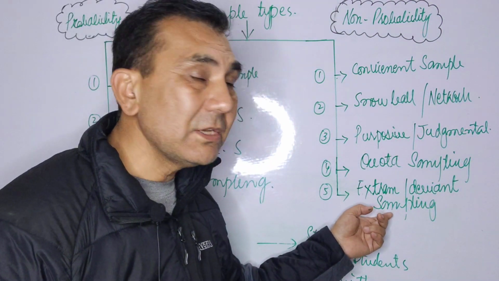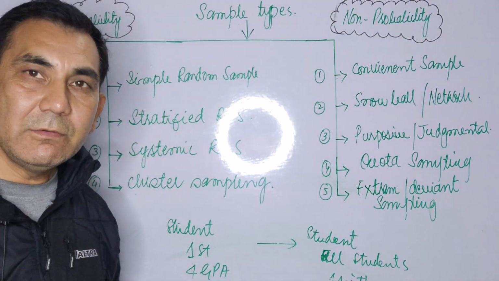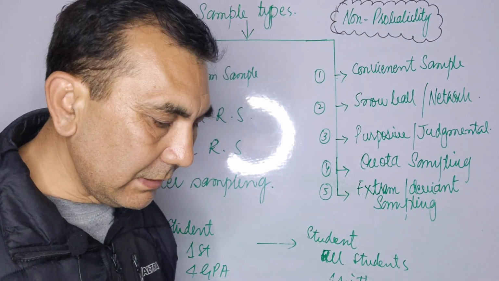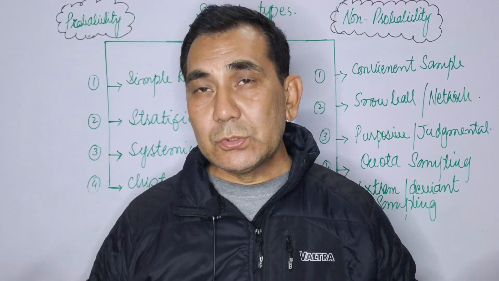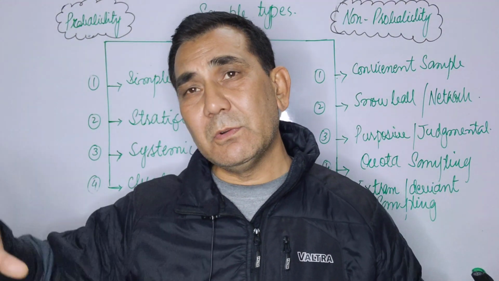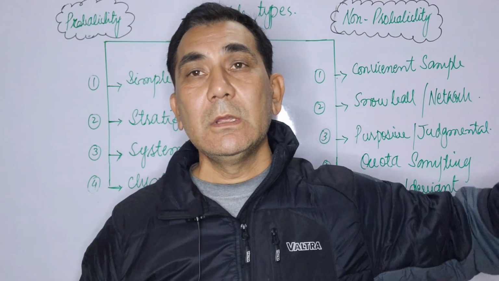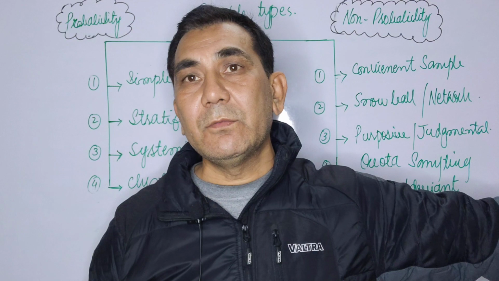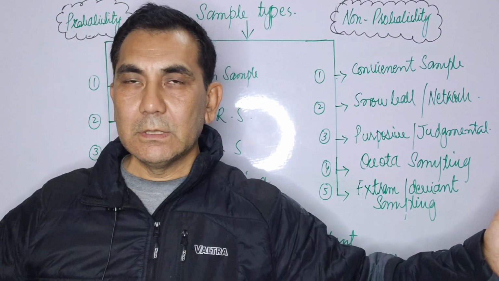Now the last one is called extreme deviant sampling. In extreme deviant sampling, we select two types of people, one with an extreme level of happiness, and the second with an extreme level of sadness. Then we compare their feelings.